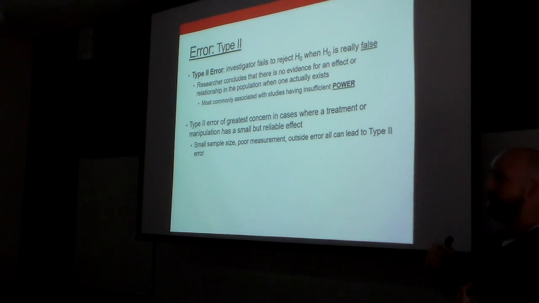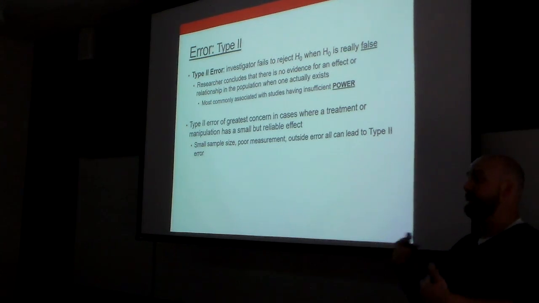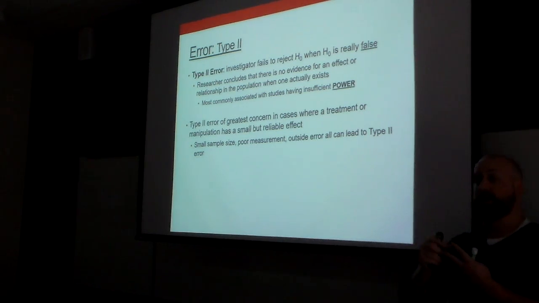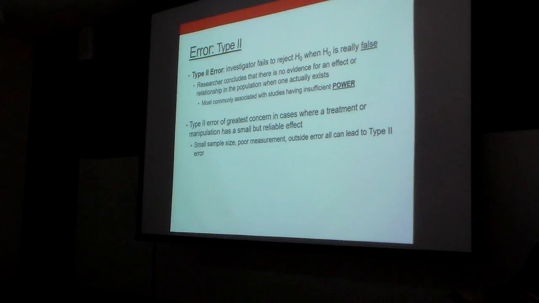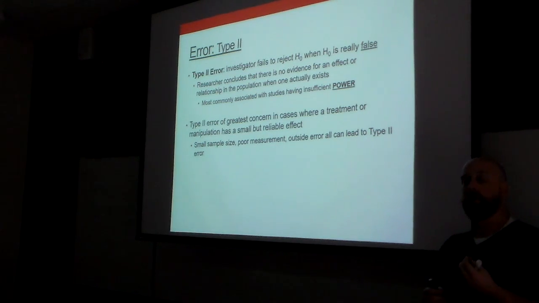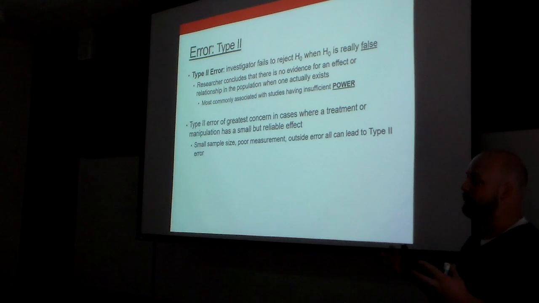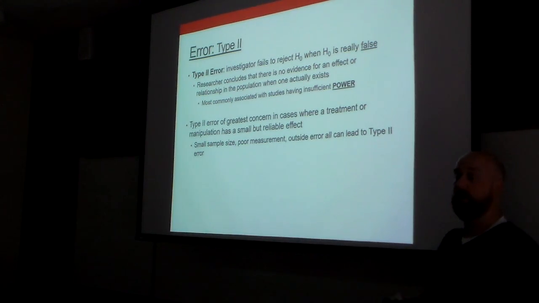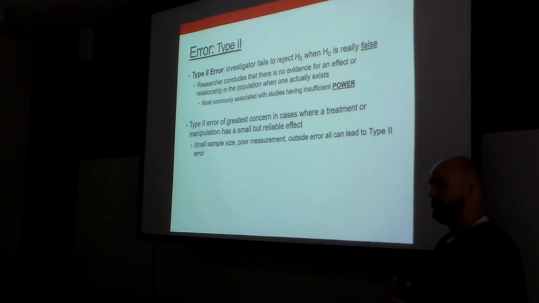They're kind of doing their own thing and running people through the protocol, adding in a whole lot of external factors, right? So increasing your sample size, making sure you've got good, strong measurements, and making sure that you're running tight experiments and good, consistent protocols. These are all things that are going to shrink down your type 2 error. Sample size is the biggest one, but any of these things can impact it.